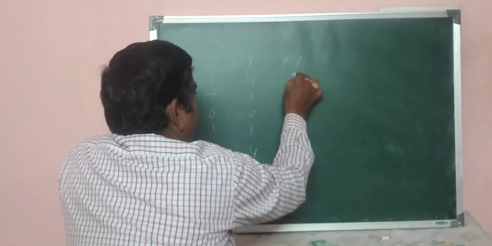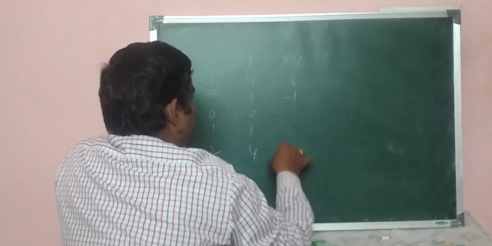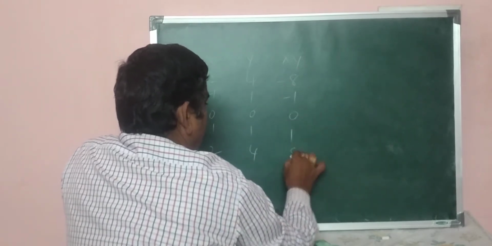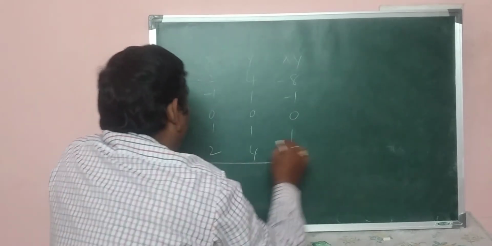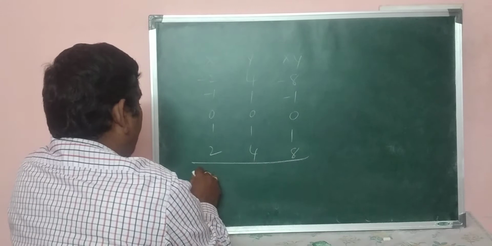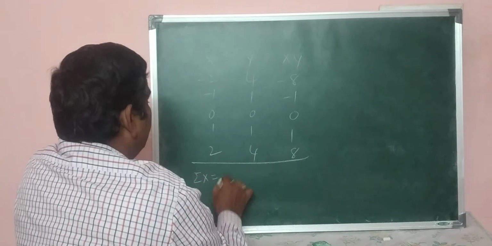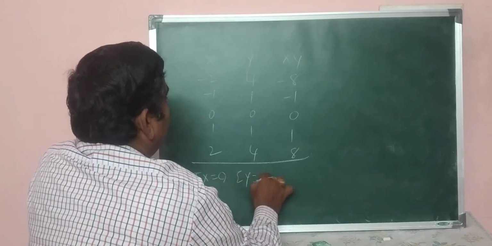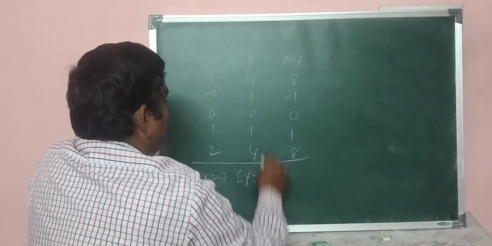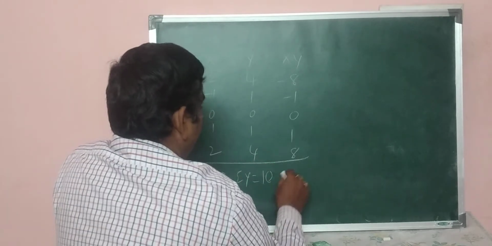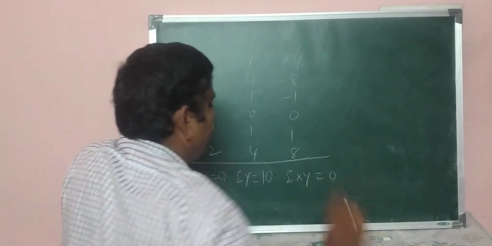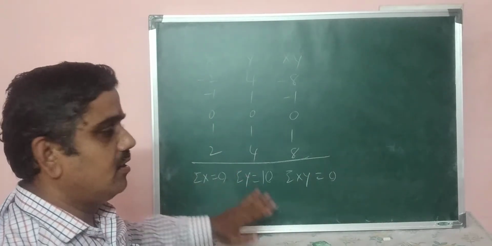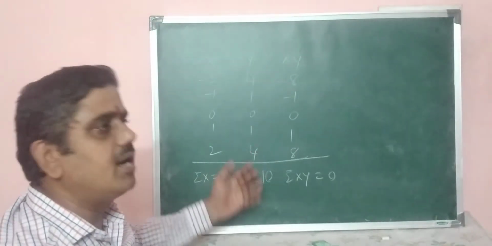It is -8, -1, 0, 1, 8. Then we calculate the summations. Summation of x is 0. Summation of y is 4 plus 1 plus 0 plus 1 plus 4, which is 10. Summation of xy is again 0.